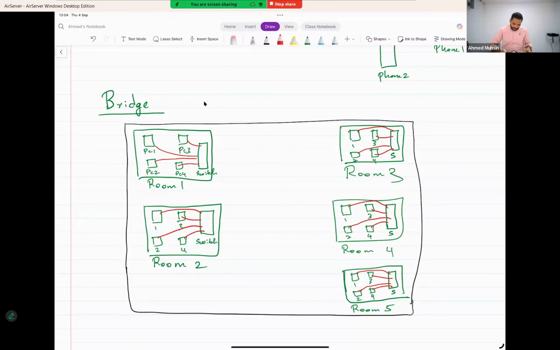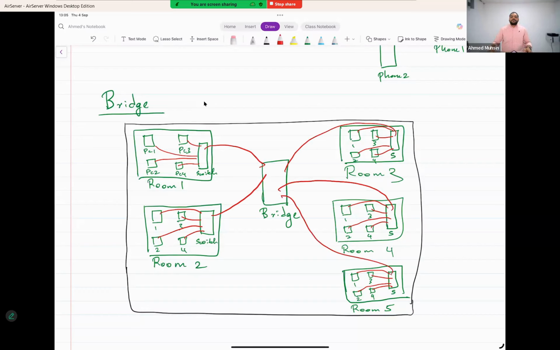So now you can have a bridge and bring them all together. Everybody okay with this? So a bridge is used to connect multiple similar networks together.